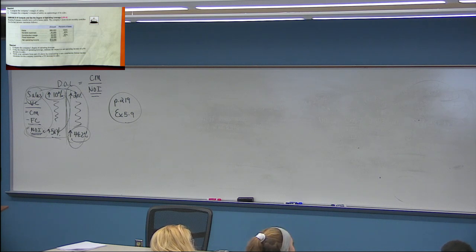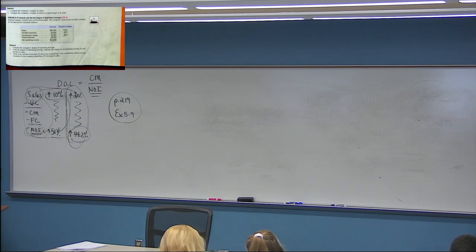In this problem, if sales are going to go up by 5%, knowing the definition of variable cost, they should also do what? Go up by 5%. Variable cost will increase or decrease in direct proportion to changes in sales. So if your sales go up 5%, that means you're selling 5% more of your item, which means you have to make 5% more of your item, which means you're going to spend more money doing that, right?